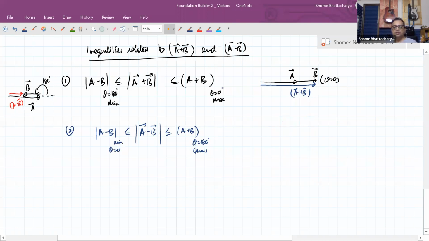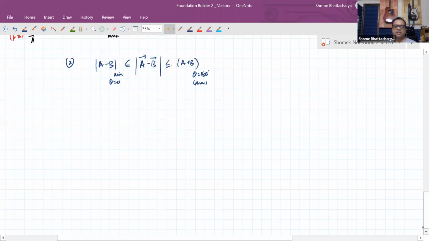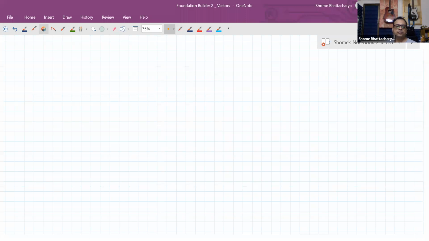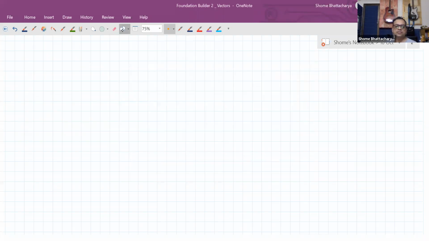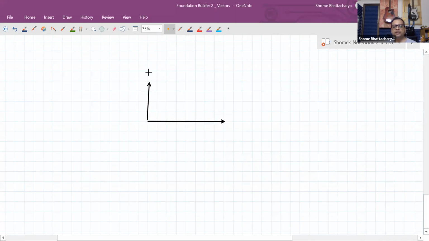Okay. So these are two universal inequalities, but apart from this, there is also the special case of when the angle is acute versus when the angle is obtuse versus when the angle is 90 degrees. So if you compare the three cases, one where you consider two vectors of certain magnitudes, but the angle is 90 between them.